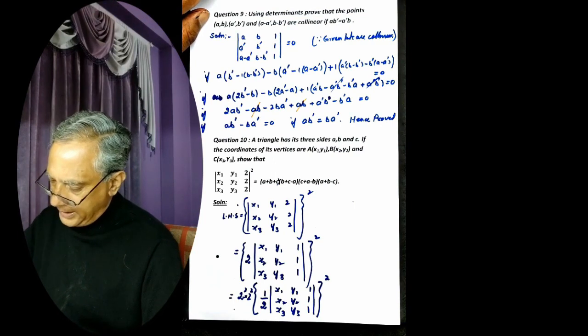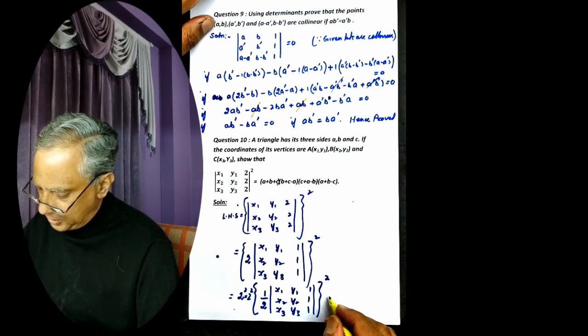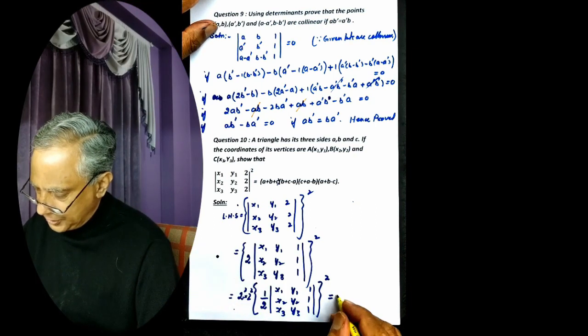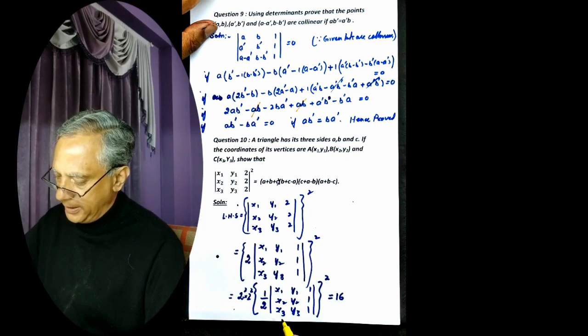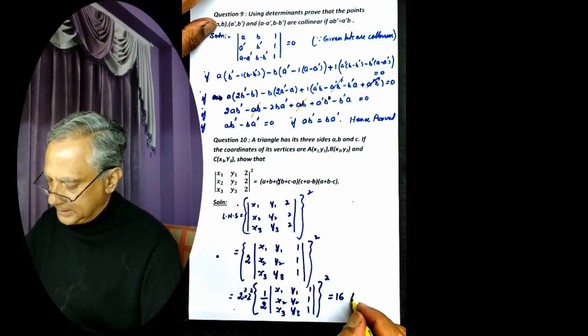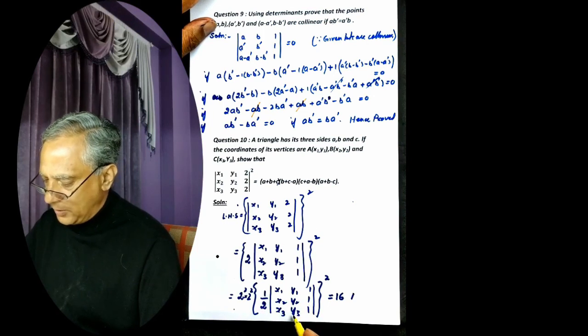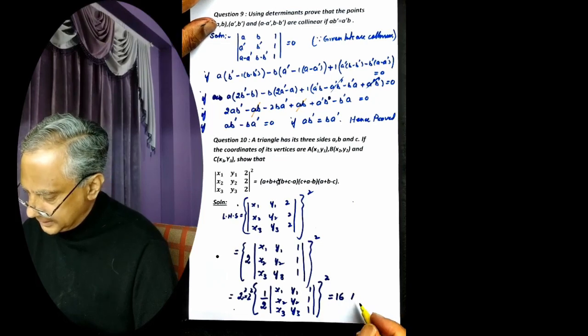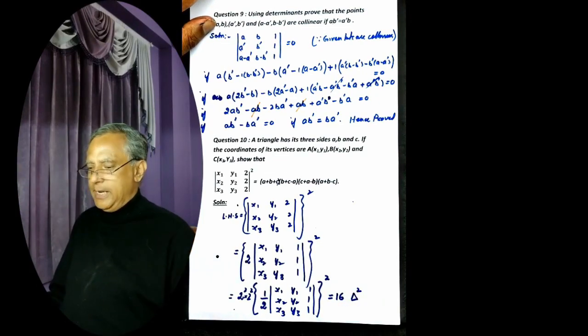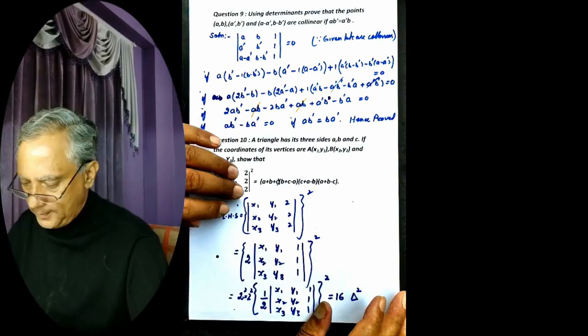So what we get here is, this is equal to 2 2s are 4, 4 4s are 16, and this is nothing but area of the triangle joining these 3 points, x1, y1, x2, y2, x3, y3. So this is this delta square, 16 delta square.